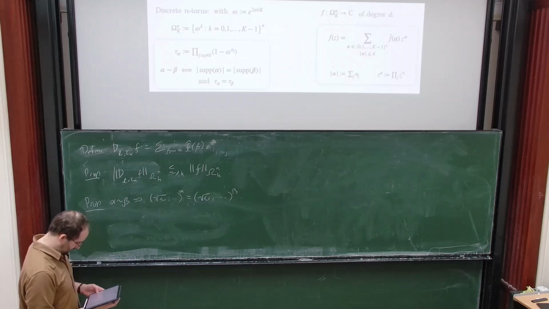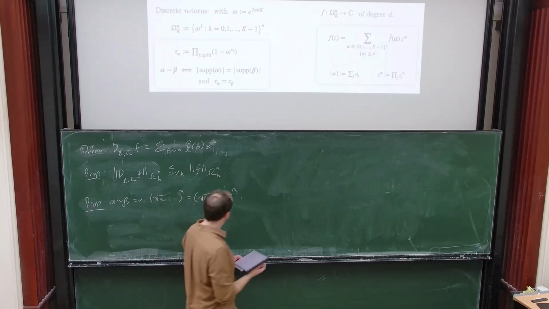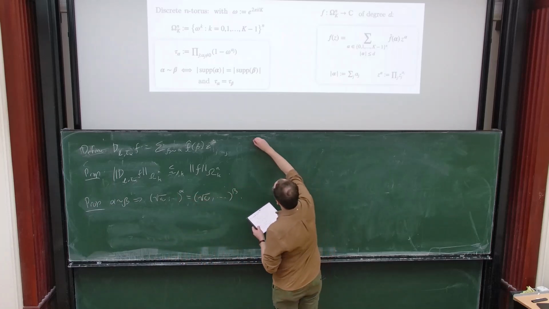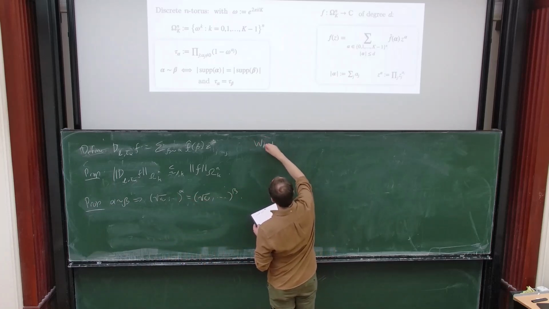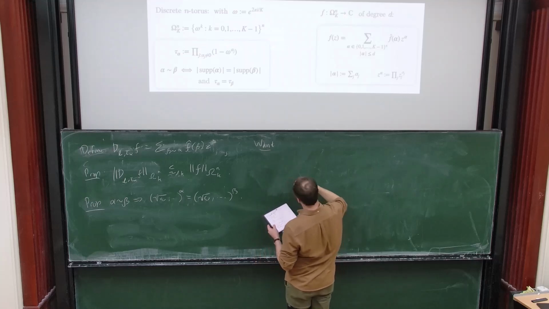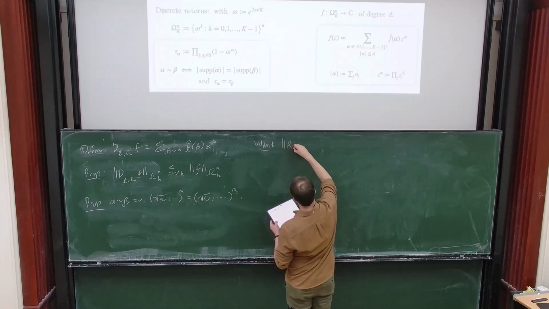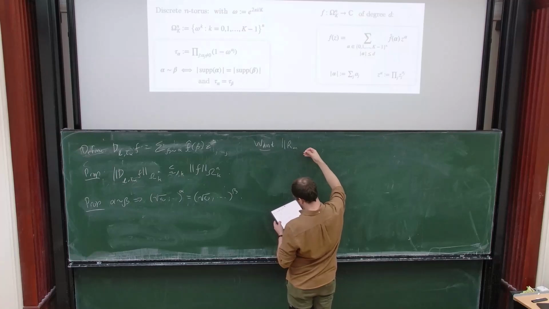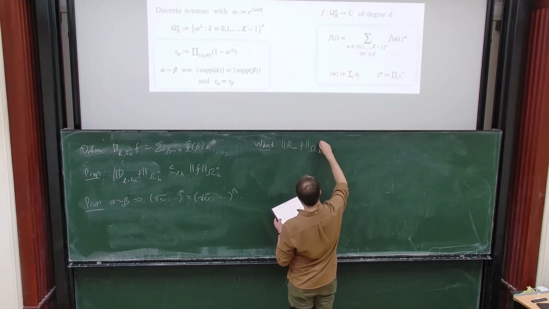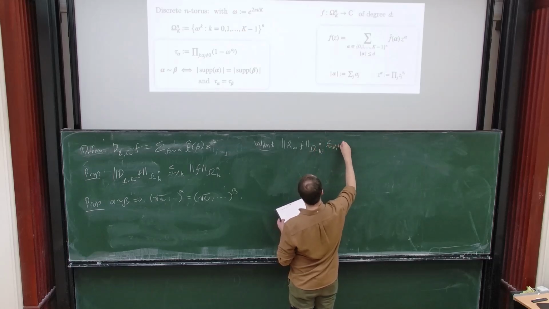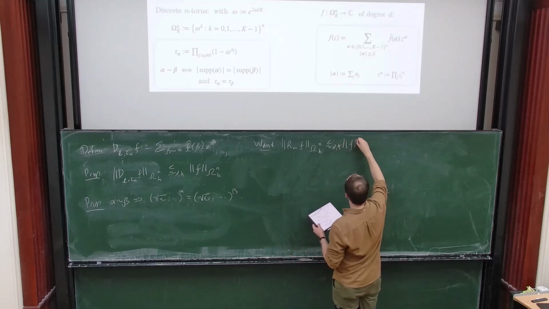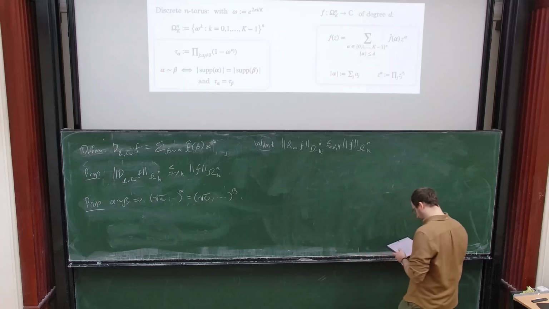So now let us return to our original goal. We want these Rademacher projectors to be bounded independent of dimension. These project onto degree homogeneous types of f, not support homogeneous. So this is what we want.